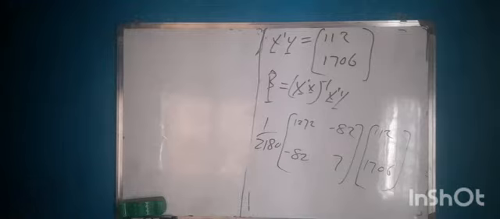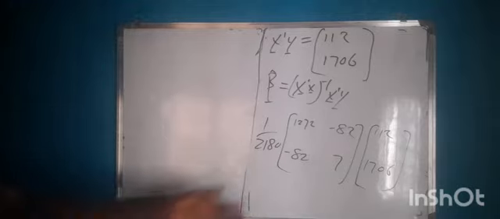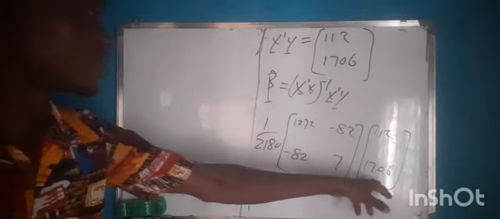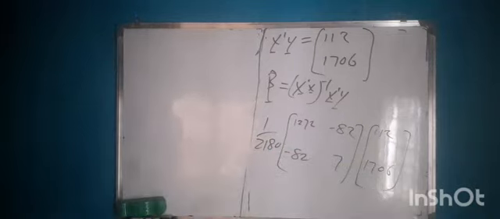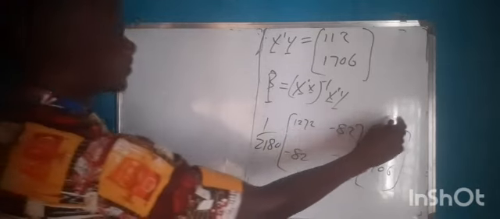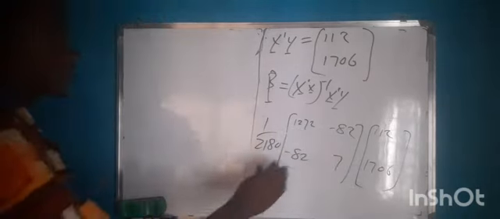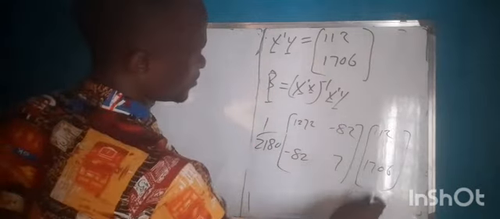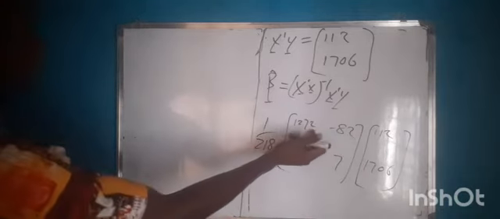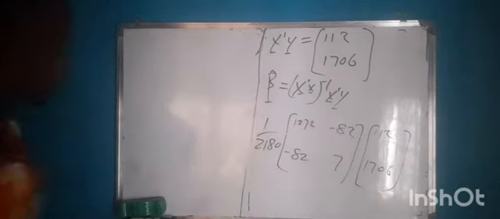Okay, this is what we have: X transpose X inverse multiplied by X transpose Y. So we use this first row and multiply this column and take the sum, and also use this and multiply this column and also take the sum.